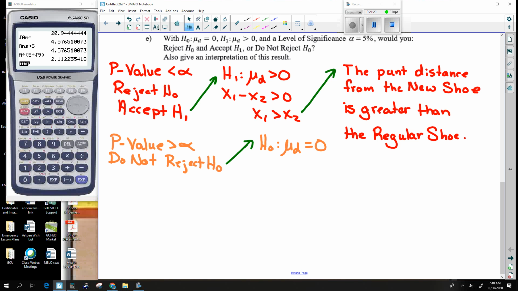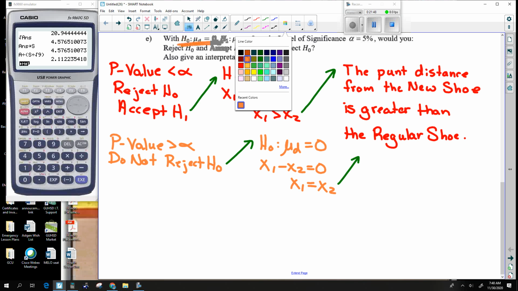So again, I'm looking up into the problem to know what that means. So it's mentioned right there. So just look back up in the problem. And then here we go.